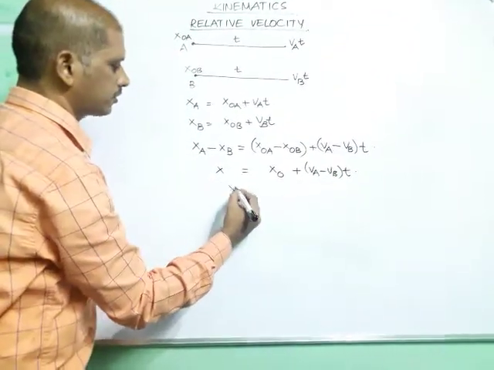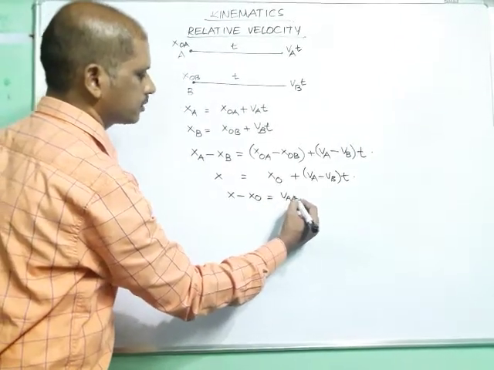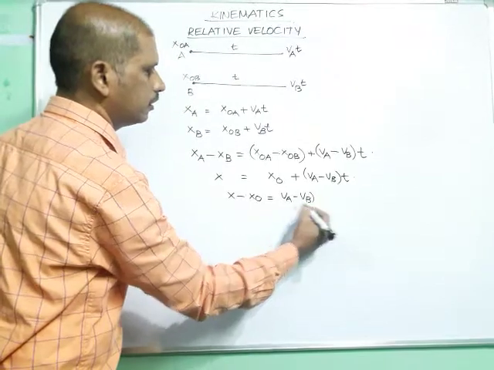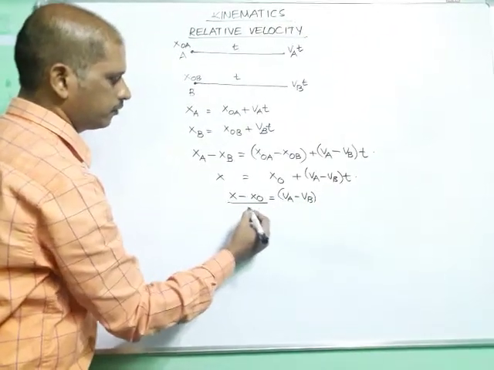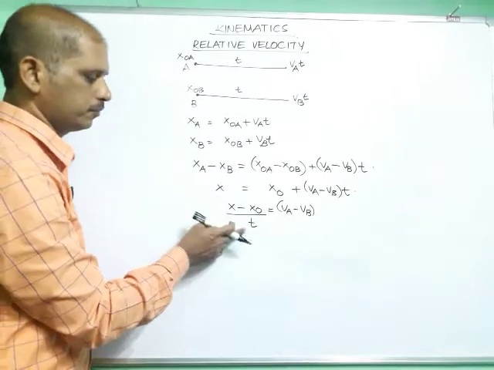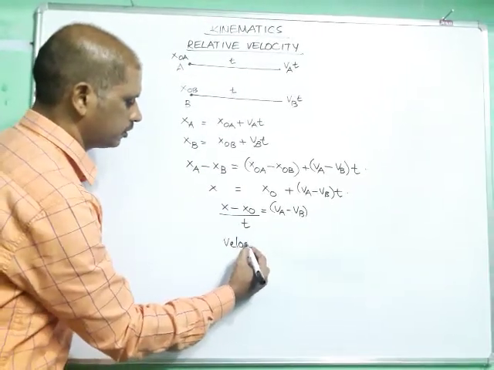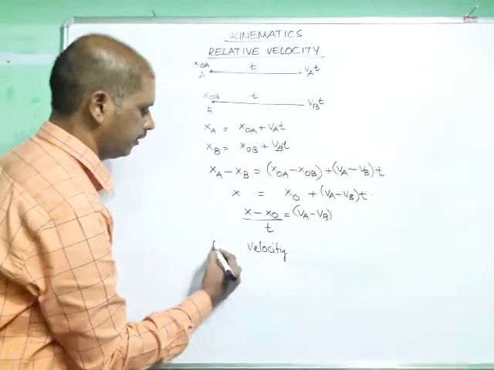If you bring this to the left side, X minus XO is equal to VA minus VB into T. Divide by T. So this is distance by time, and distance by time is nothing but velocity. So this velocity gives the relative velocity.